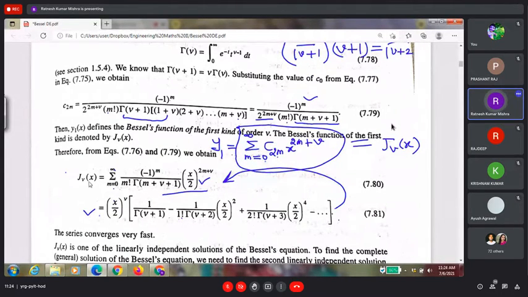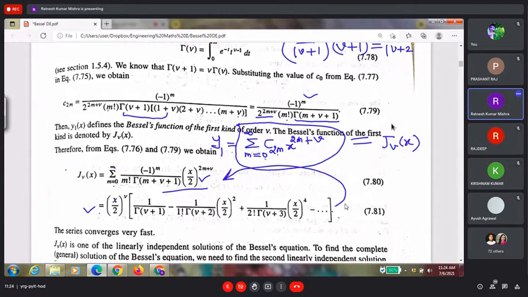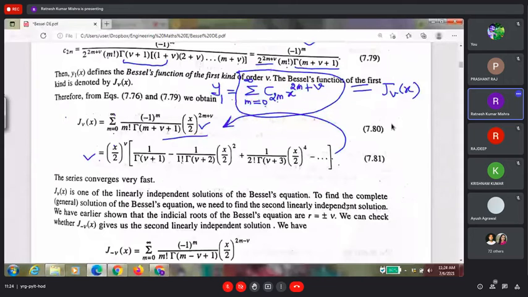So this is J v of x. And this converges very fast because in the denominator the power increases, that is, the denominator terms increase. That is why this converges very fast. So this J v of x is one of the linearly independent solutions of the Bessel equation.